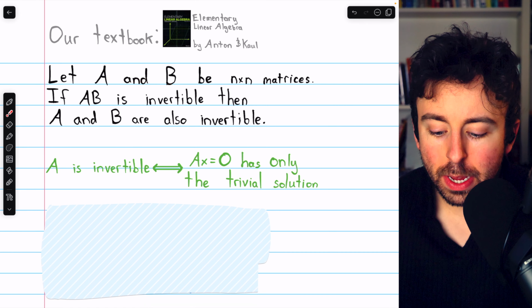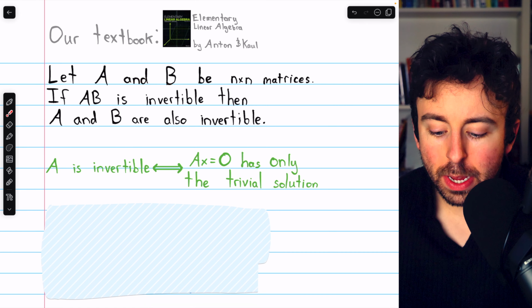We're going to show that this arbitrarily taken solution x naught must be 0 by showing that it's a solution to the linear system ABx equals 0. We know that this system has only the trivial solution because we know that AB is invertible.